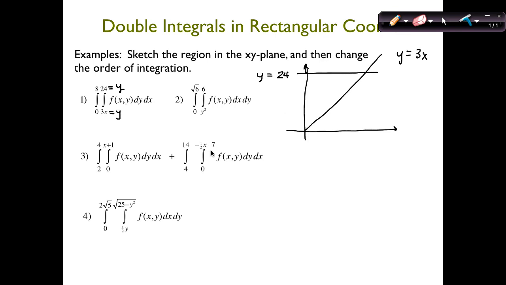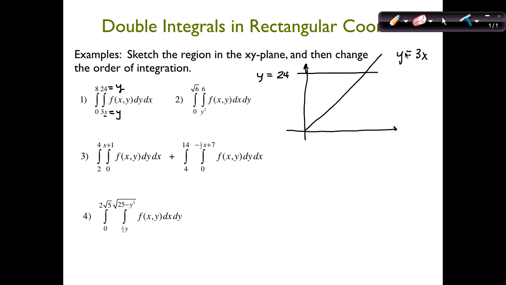Look, y equals 3x, which boundary is that for the region? Bottom. y equals 24 is? Top. So are we talking about down here or over here? Exhibit A or Exhibit B?